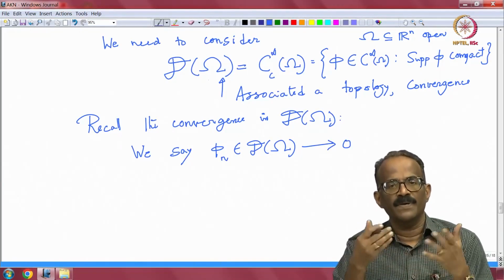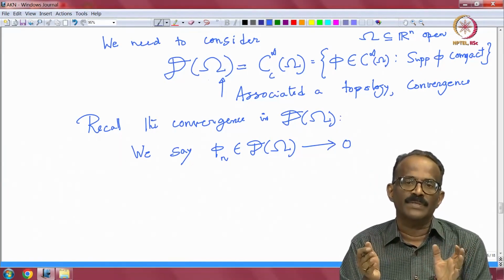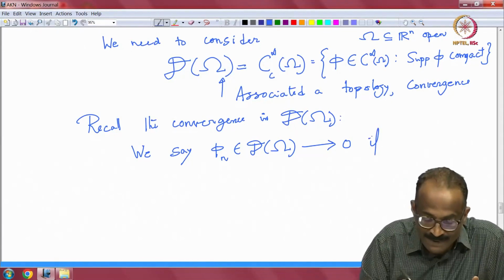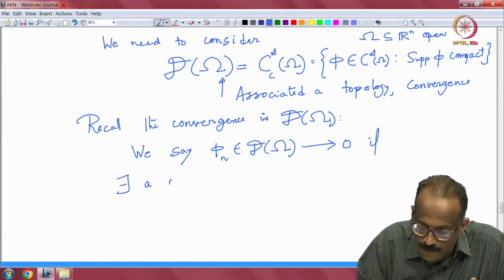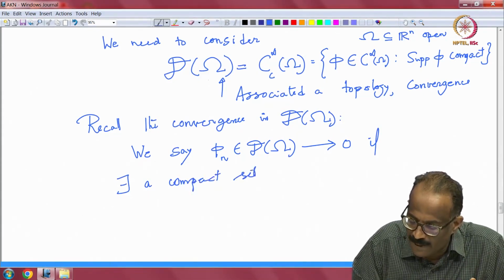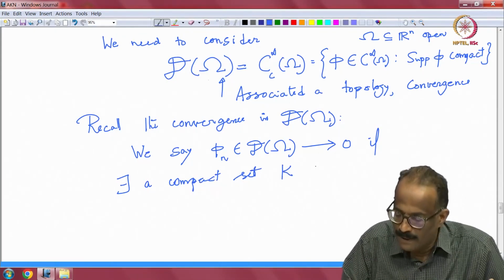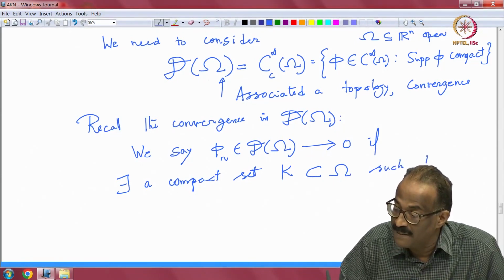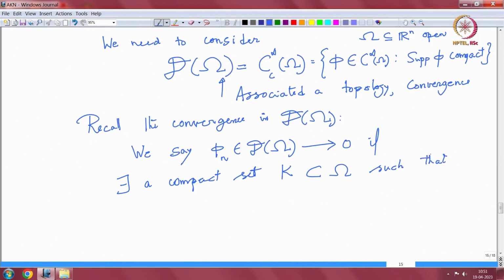You can also talk about phi_n converging to phi, which is equivalent to saying that phi_n minus phi converges to 0. This is very important: there exists a compact set K contained in omega such that, so the existence of a compact set is part of the definition of the convergence. This is something you may not know much about from functional analysis; in a first course on functional analysis, most of the time you may not learn that.